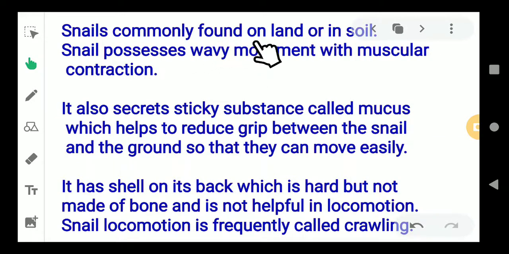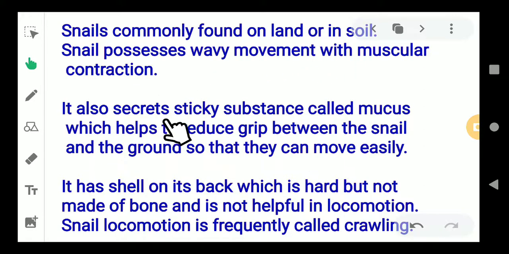Snails are commonly found on land or in soil. Snails possess which type of movement? Wavy movement with muscular contraction.